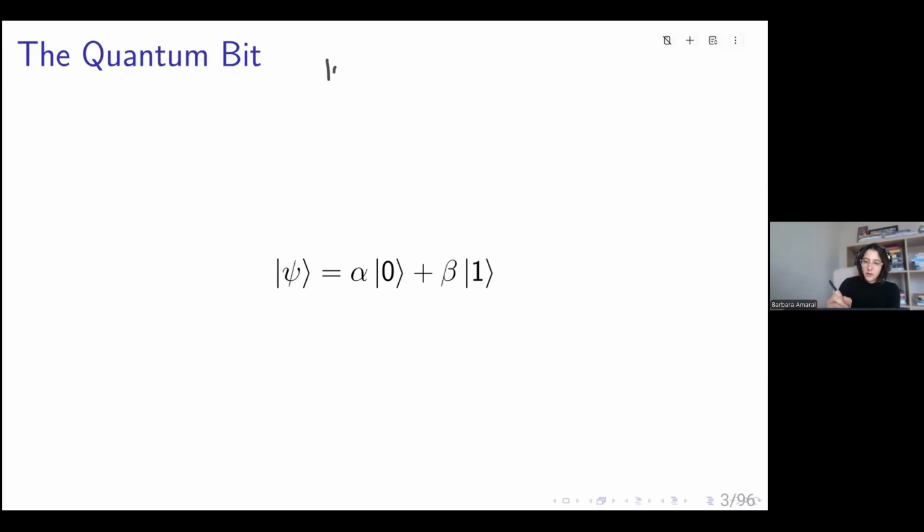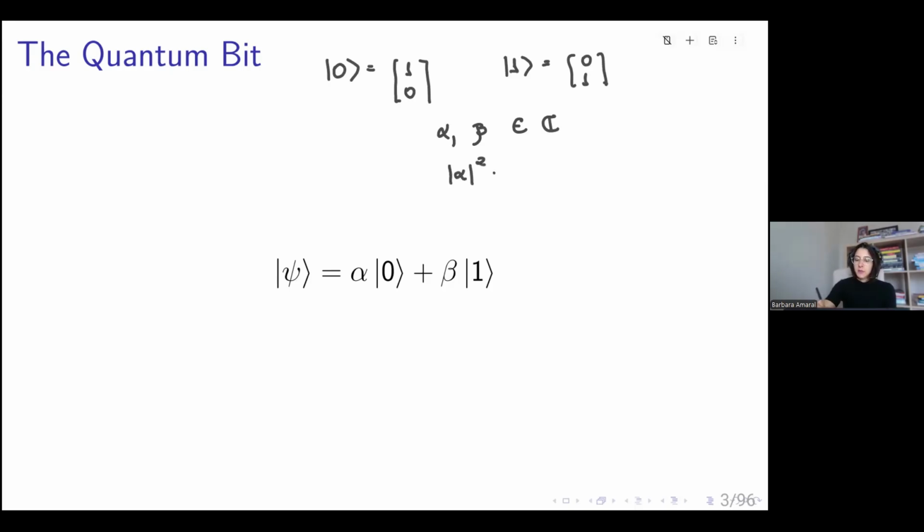I guess it's working. So this is going to be the canonical basis for us. And in principle, alpha and beta could be any complex number as long as they satisfy the normalization condition.